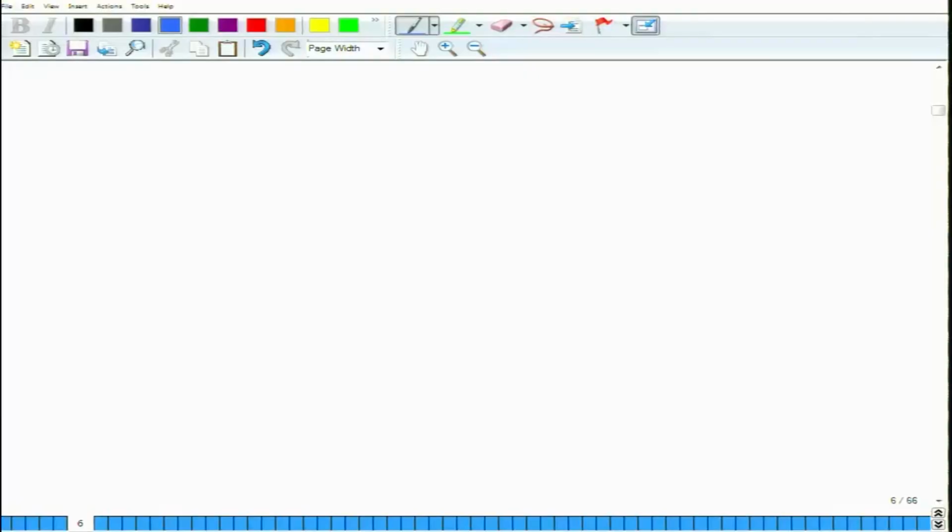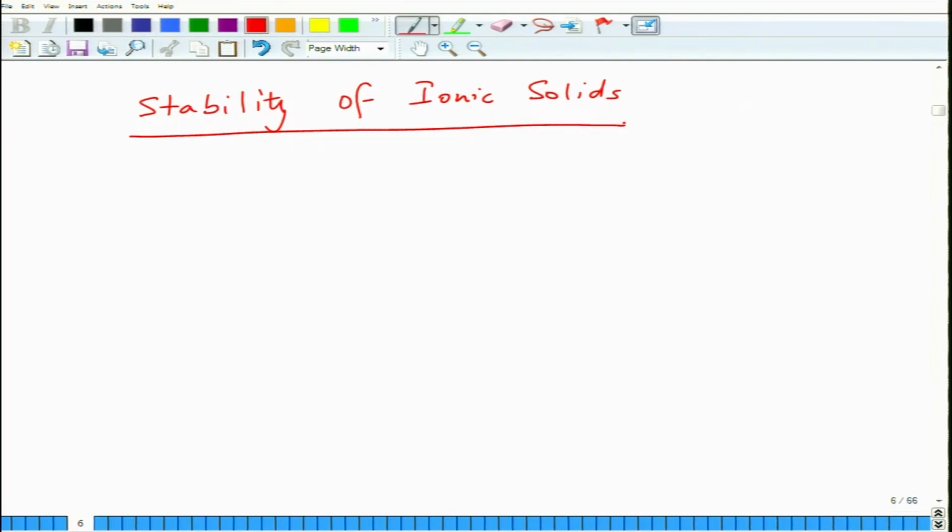So first, before we go into how ionic solids form, let us look into what makes ionic structures stable. Why is it that when you put several anions and cations together, they form structures which are periodic in nature? They have certain crystal structures with regular periodicity rather than making isolated molecules.